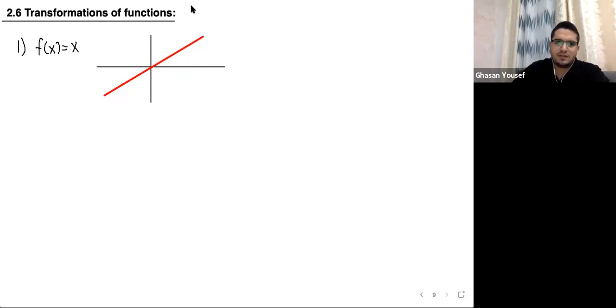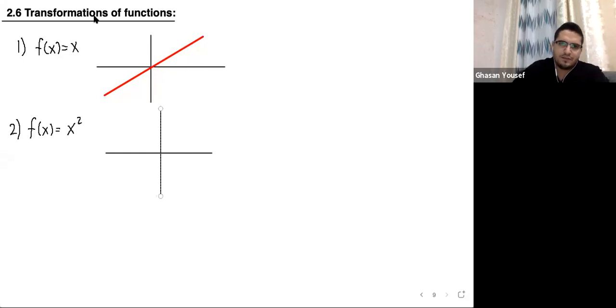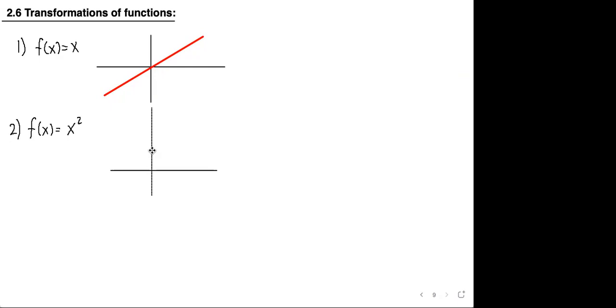The second function you have to know is the parabola, a function of the form f of x equals, for example, x squared. How is the graph for this function? Anyone can remind me? It would be a parabola.